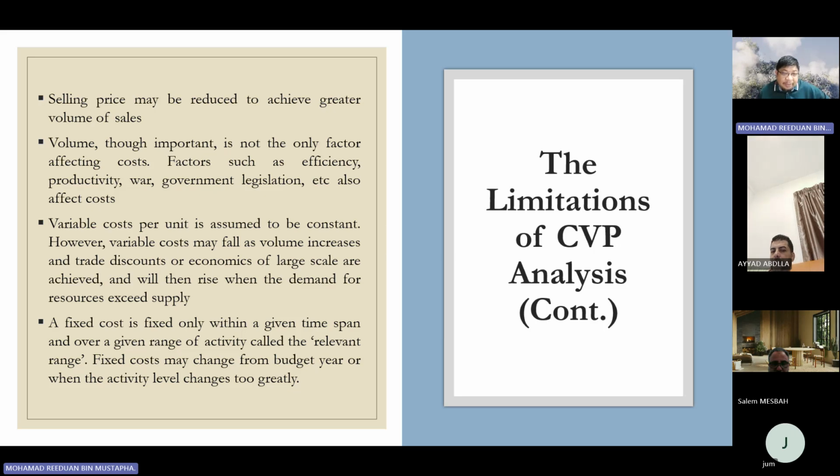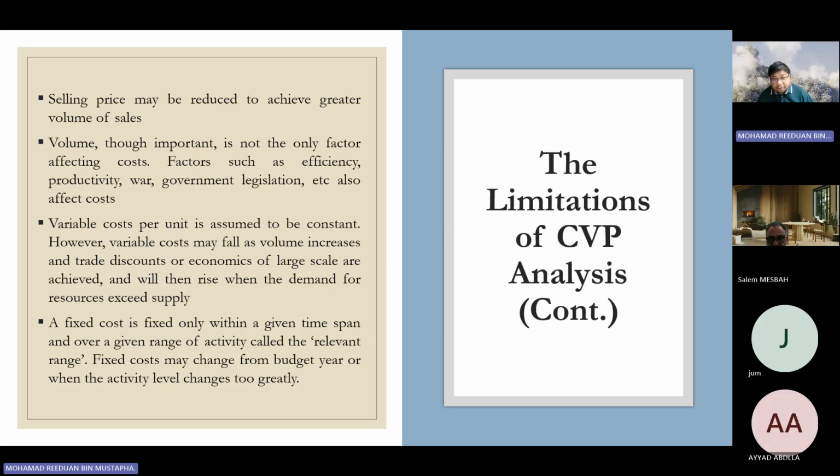And last but not least, fixed cost is fixed only within a given time span and over a given range of activity, called the relevant range. Fixed cost may change from budget year to budget year or when the activity level changes too greatly. So these are a few limitations.